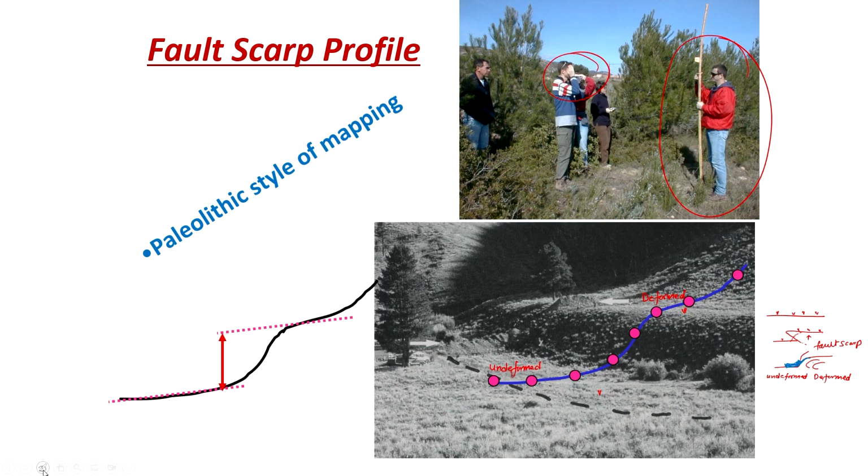So you get the height here, and that also helps us in saying how many events have occurred on this fault and what was the average elevation change during each earthquake.